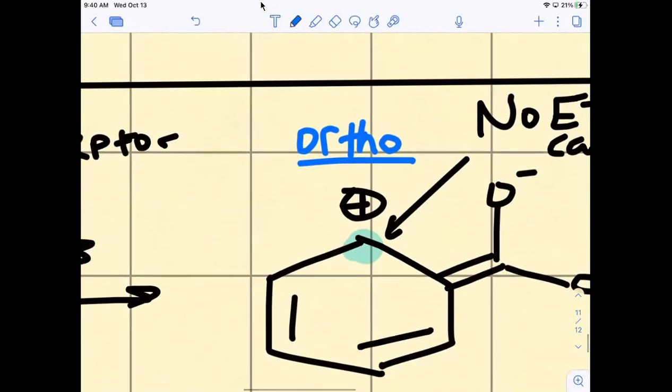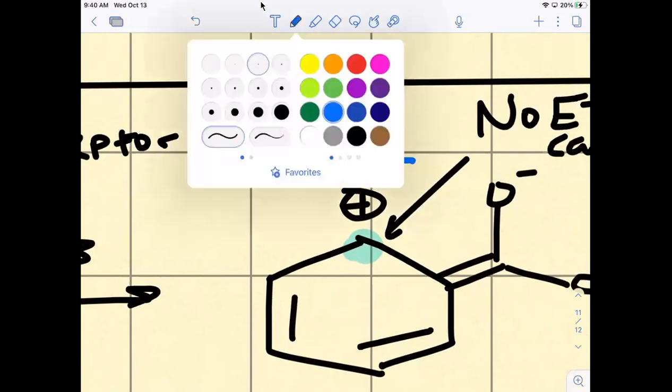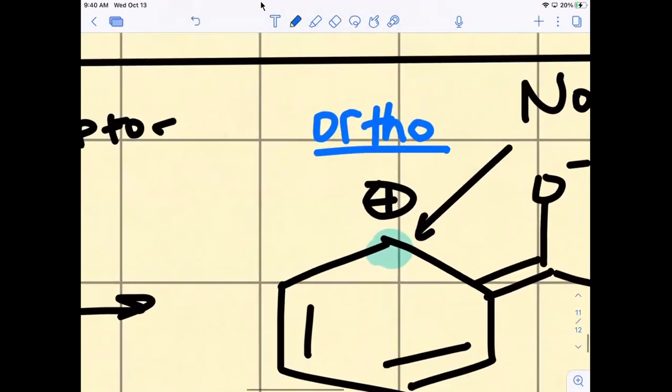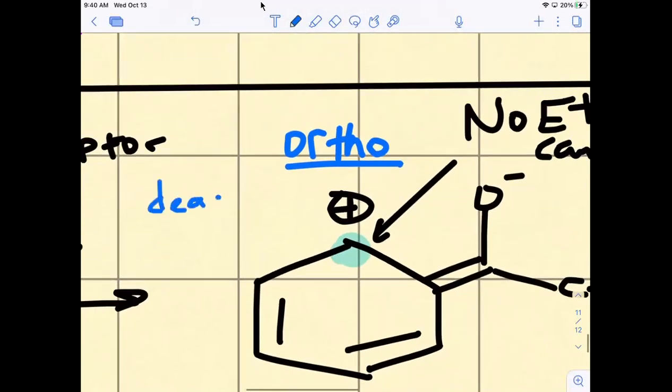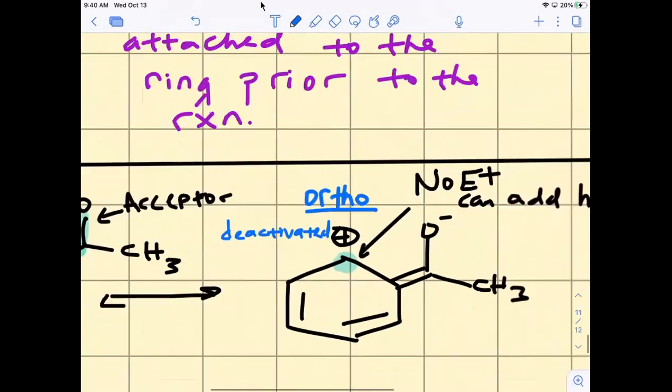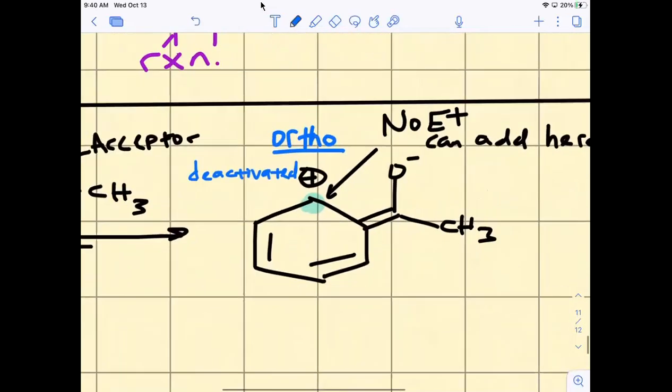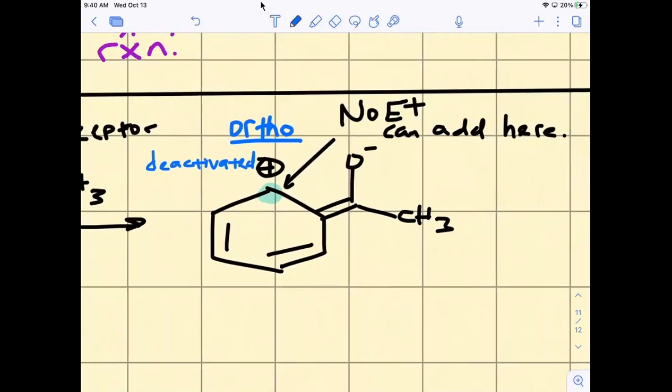So we could say that the ortho is deactivated. Right? It's deactivated. What that means is I can't add an electrophile there.